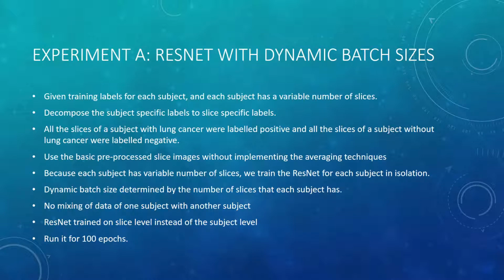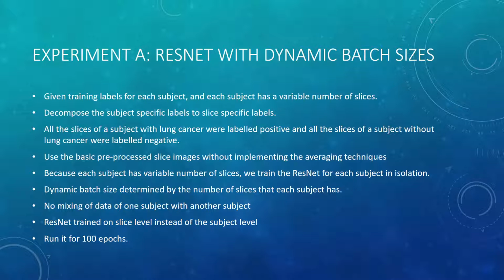The first experiment, experiment A, basically involved training a ResNet with dynamic batch sizes. For this data set, the ground truth labels that have been provided to us have been provided per subject. For example, a subject has been classified as 1 if they have lung cancer, or 0 if they don't have lung cancer.